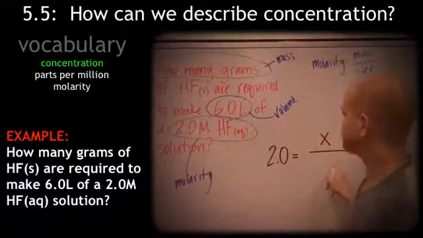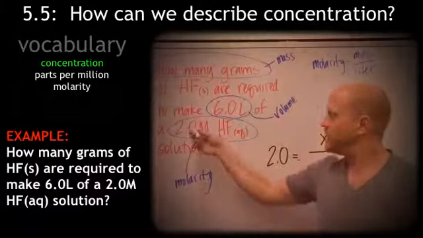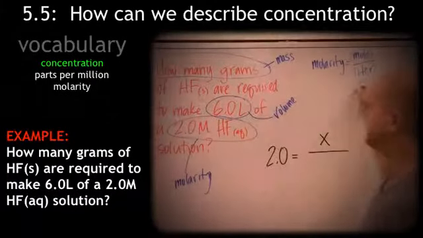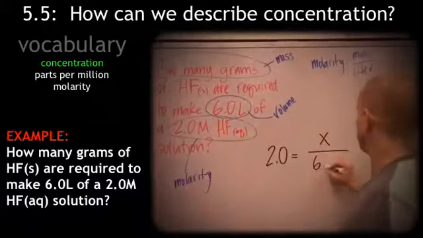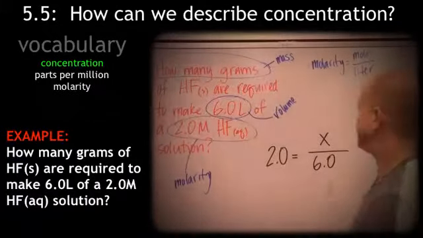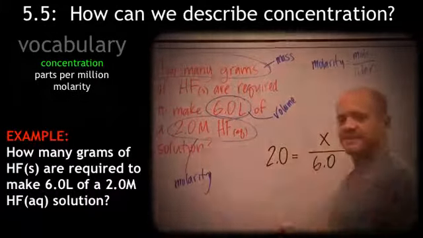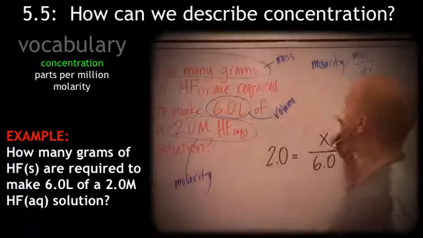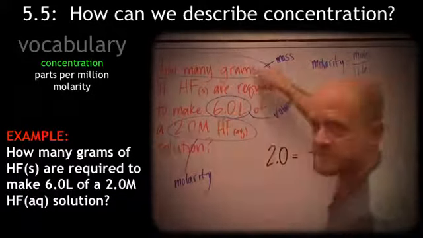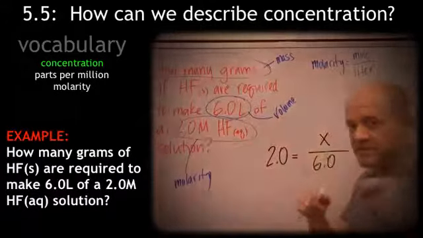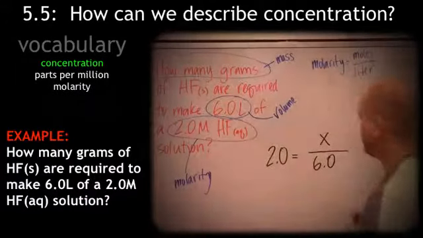Equals X over 6.0, which is the amount of liters. Okay? Now, this X is going to calculate the amount of moles, not grams, moles. This is a challenge question. We have to do 2 steps.